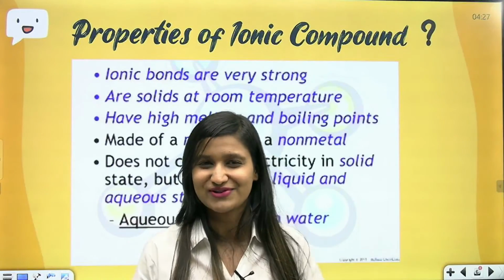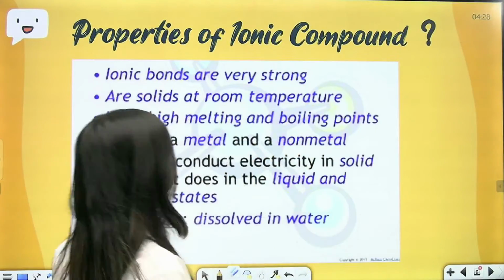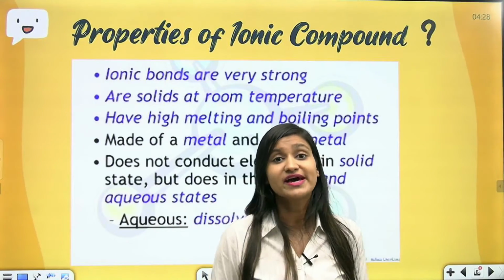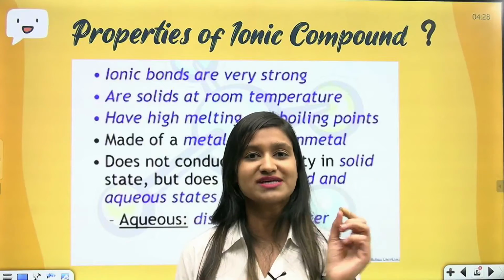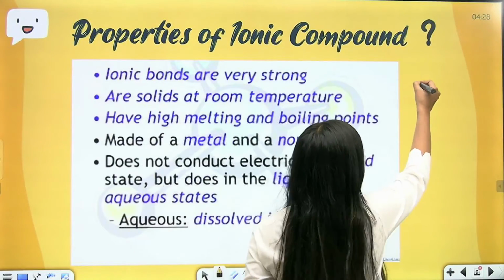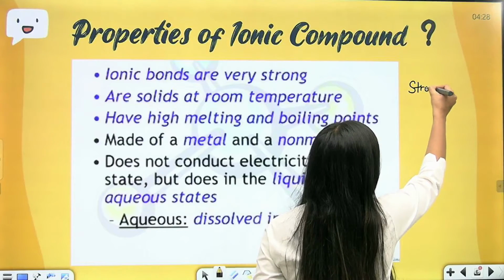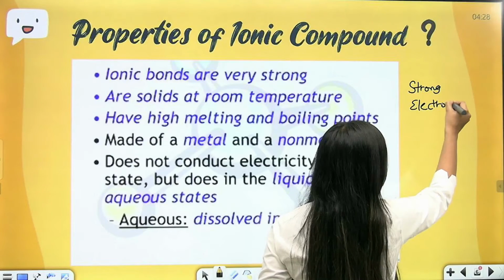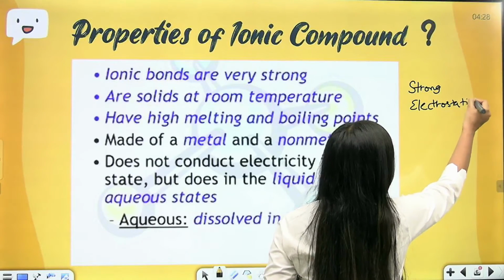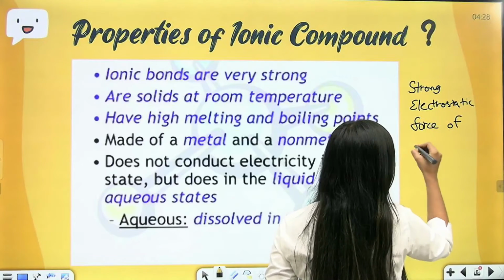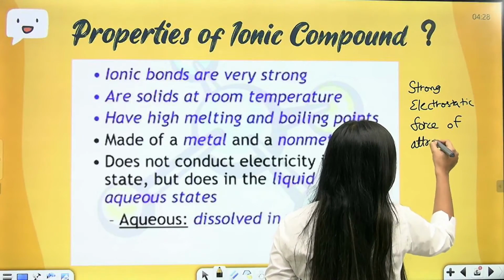It is that in ionic bonding, we have a strong electrostatic force of attraction.